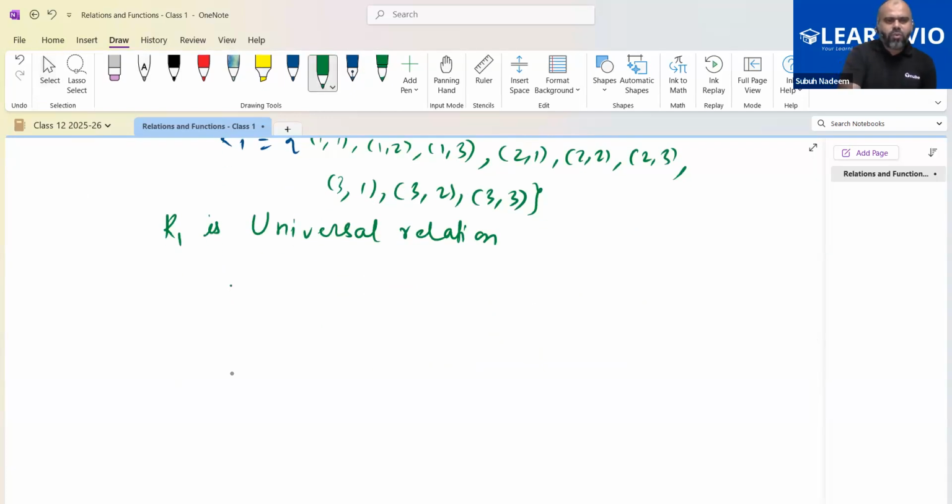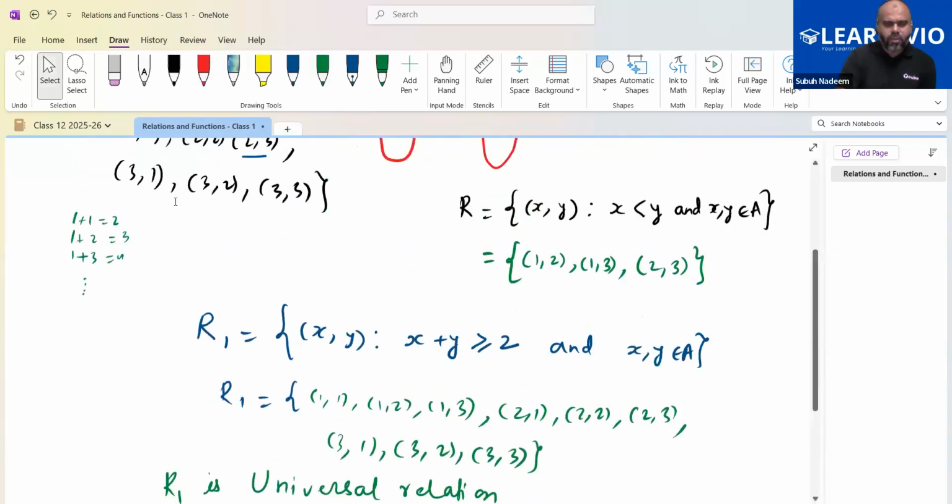And if I give you a relation R2 such that (x, y) such that mod of x minus y is greater than or equal to 3. Now I'm giving you this condition: mod of x minus y is greater than or equal to 3.